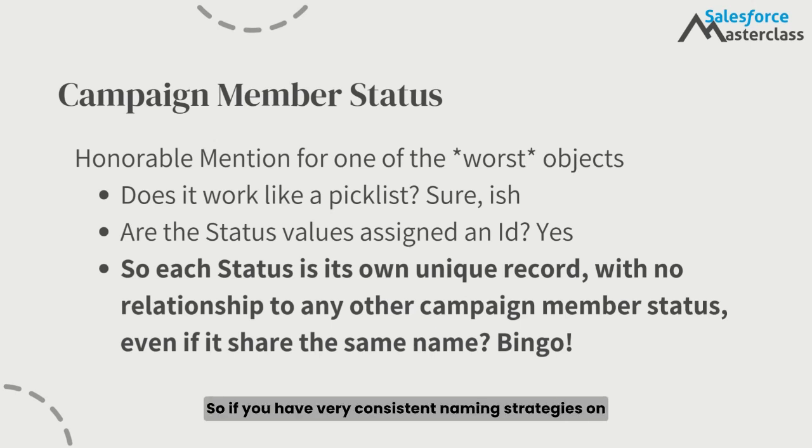So if you have very consistent naming strategies on your campaigns, you have to be very careful not to add spaces or dashes or any kind of different punctuation in your campaign member status values. If you do, you're going to have a beast of a time trying to group in reporting or write any kind of automation based on those values.